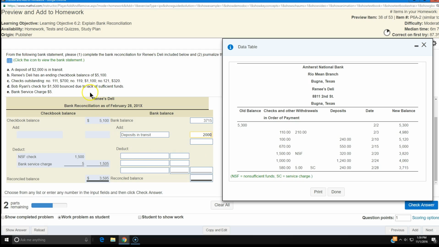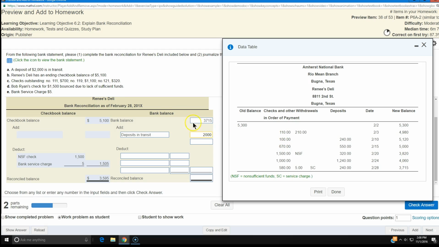And the deductions would be two outstanding checks. These are checks that we have written out that have already been deducted and reflected in this balance, but they're outstanding, which means the people have yet to deposit them or they haven't cleared through the bank statement. So I see three checks here, one for 700, one for 1,100, and one for 320.